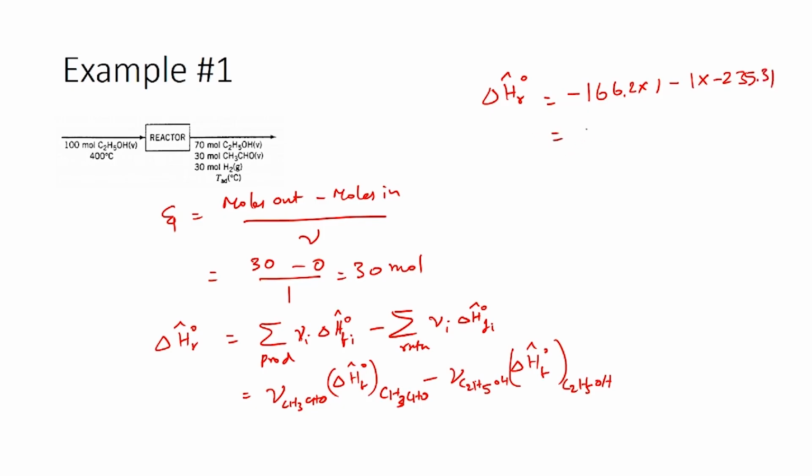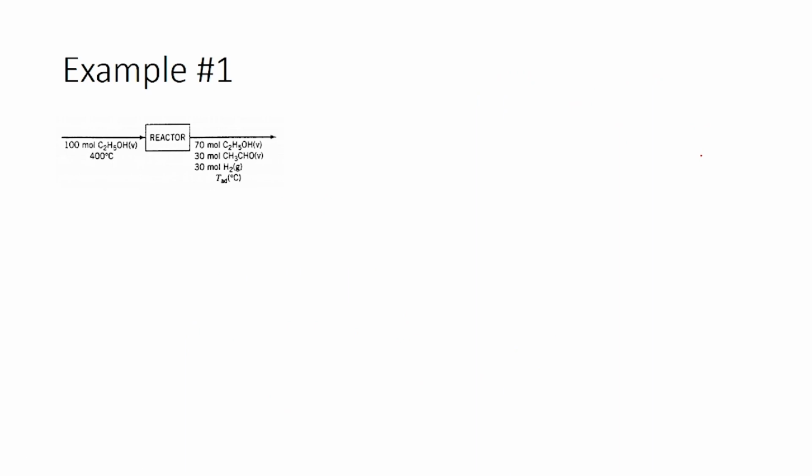So, the value for the heat of reaction is 69.11 kilojoules per mole. So, now we have identified the heat of reaction as well. So, the next step is to identify the enthalpy for the inlet and the outlet streams.